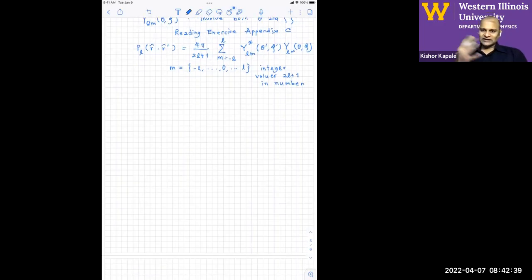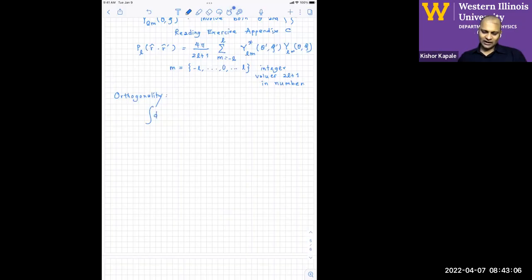Now, again, if you're doing this kind of expansion, you need the two important properties. One is the orthogonality, the other one is completeness. So let's take a look at orthogonality, how it looks for the YLM functions. If it's orthogonality, you will have to do integrals over theta and phi, because there is no radial coordinate involved.